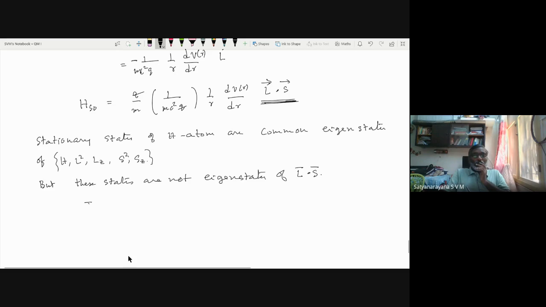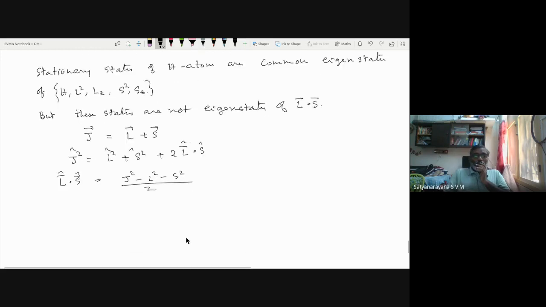You define a total angular momentum as L plus S. And then you write down J square operator as L square plus S square plus 2 times L dot S. L and S commute anyway. So your L dot S operator can be written as J square minus L square minus S square by 2.